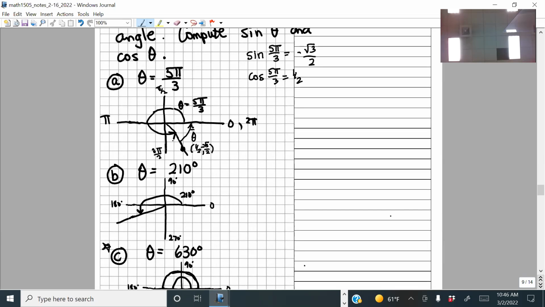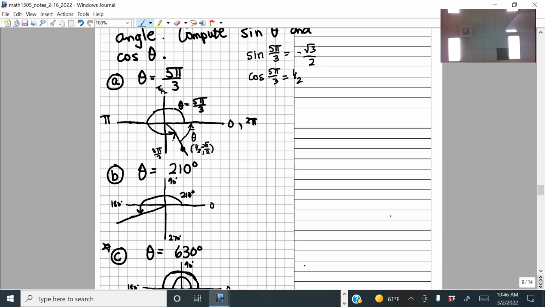What you want to do is use the terminal side and find the smallest positive angle between the terminal side and the x-axis. So you want to go from the terminal side and draw a positive angle to the x-axis. Make sure you do it in the most efficient way possible.